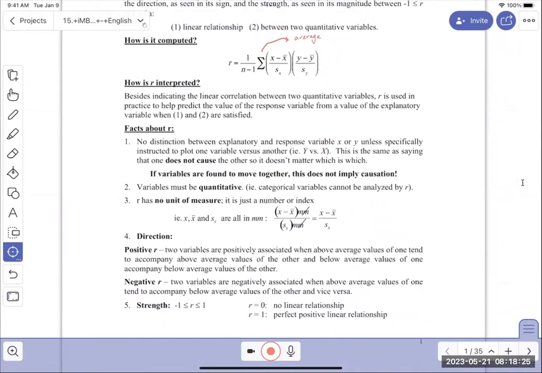However, when I estimate the linear relationship between them, or the line as a prediction line, to use in making predictions of values of the response variable for observations that I don't have, then it does matter which one is X and which one is Y. And the way to know which is which is I should be asking you, plot height versus cups of milk, or plot income versus age, right?